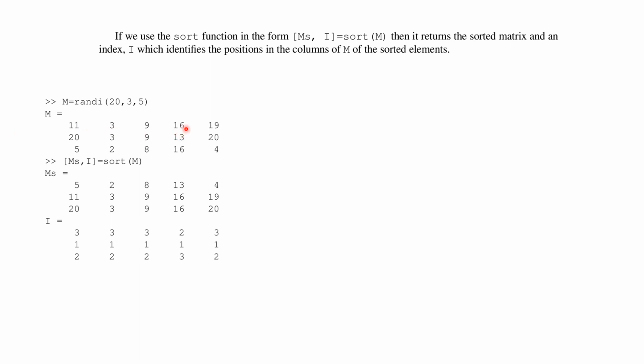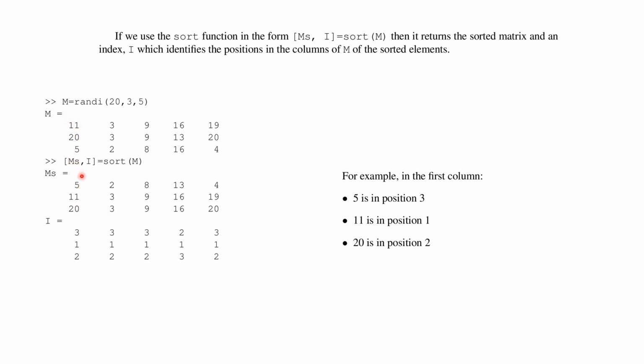We make our matrix M, then we ask it to sort it, producing a sorted matrix MS and an index. By default, it'll sort down the columns, in ascending order. So this first column becomes 5, 11, 20.